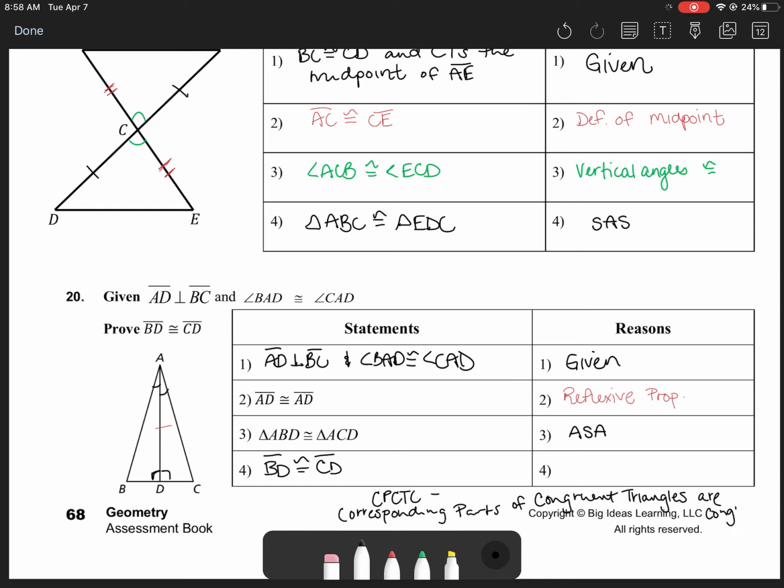And that helps me because it tells me I can take any other sets of corresponding parts, the corresponding parts being the angles or the sides that should be the same, and write them as a congruent statement. So I can write BD is equal to CD because they are corresponding parts. So CPCTC. And that's it for chapter 5.